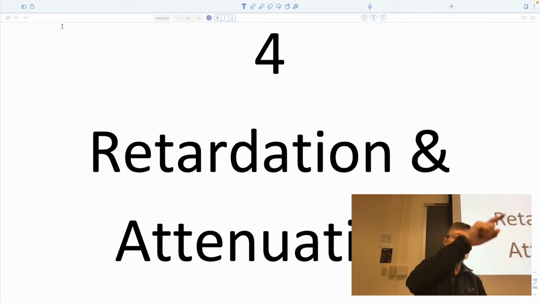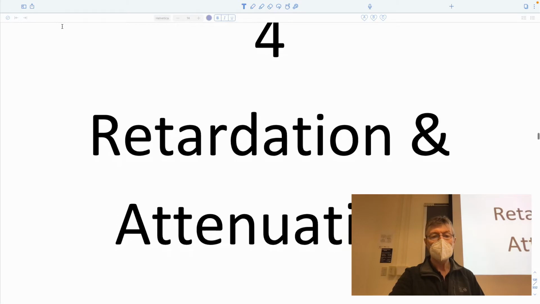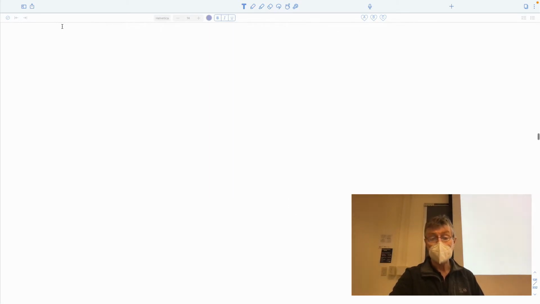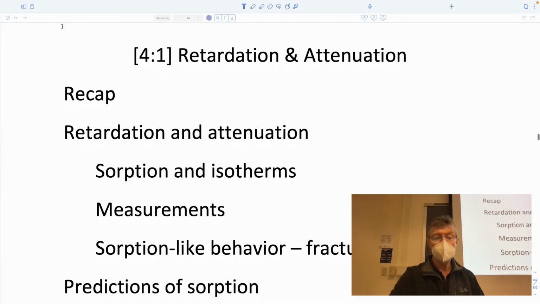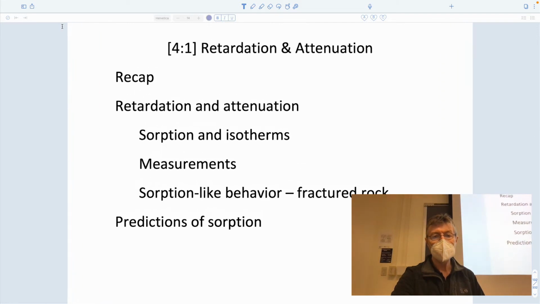You see the colors coming out at different velocities as they wick up the filter paper. And so that's what we'll talk about today. That's our interest today. Retardation means it travels slower, attenuation means that the concentrations are less. And so we'll talk about this.